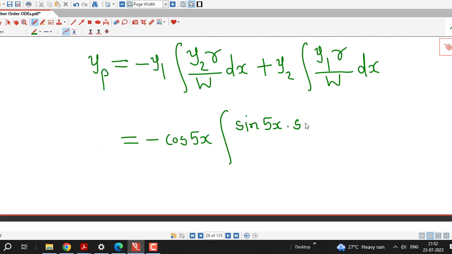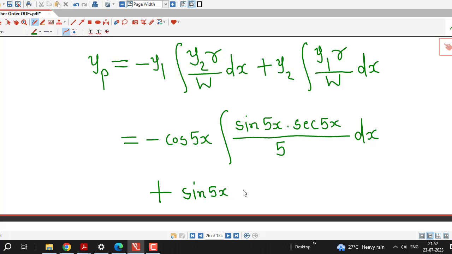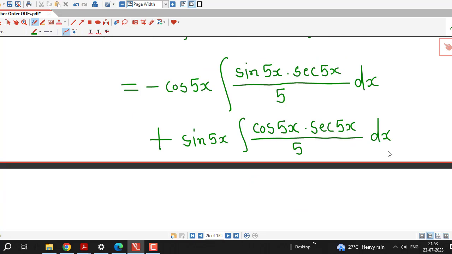So here I substitute r equal to sec 5x. The Wronskian is 5, integral with respect to x, plus y2 outside, that is sin 5x outside. Inside the integral we have cos 5x which is y1, r is sec 5x, divided by 5, integral with respect to x.